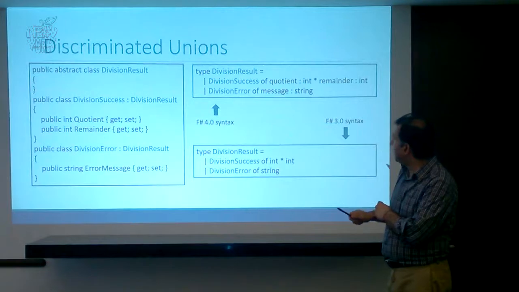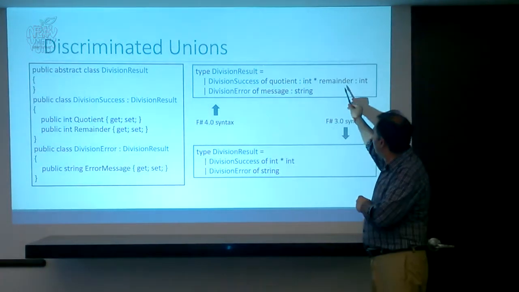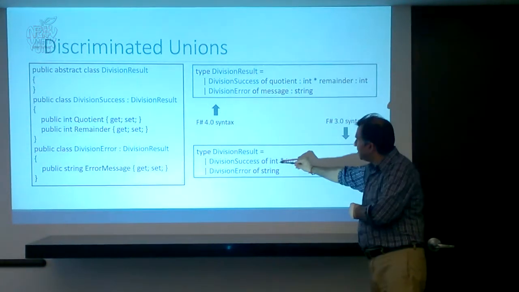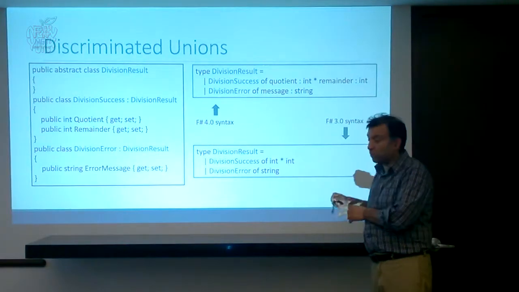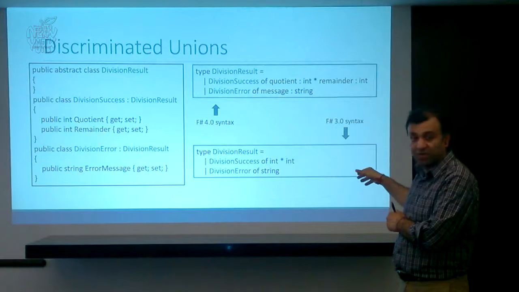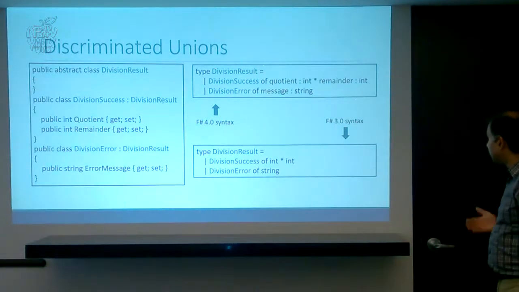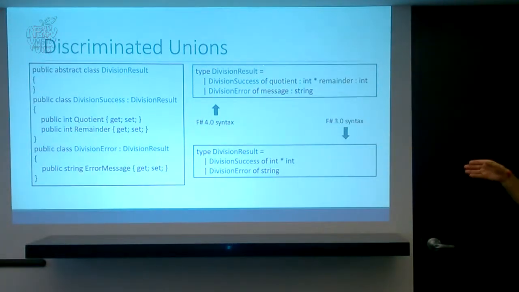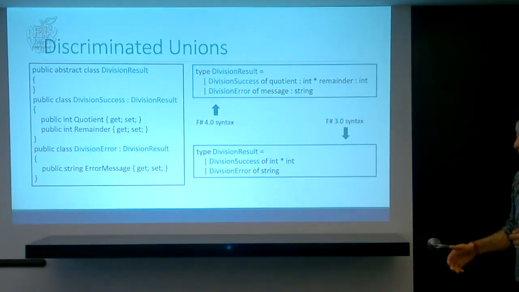In FSharp 4, what they have added is that they allow you to name these fields, whereas in FSharp 3 you can't. So when you define a variable, let's say let x equal to division success 3 comma 4, in FSharp 4 you can explicitly say let x equal to division success, quotient equal to 4, remainder equal to 3, or vice versa.